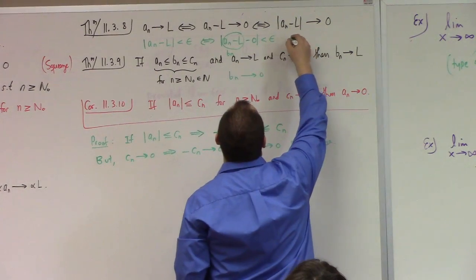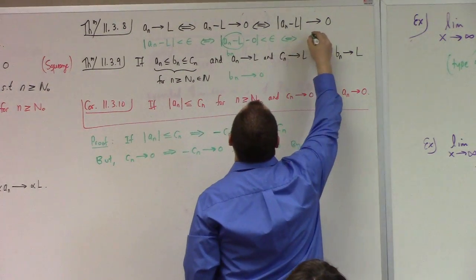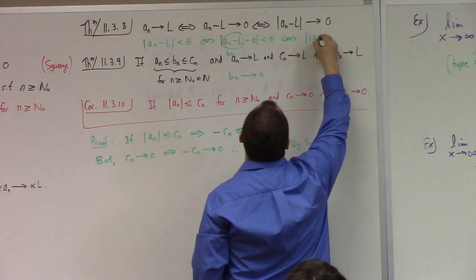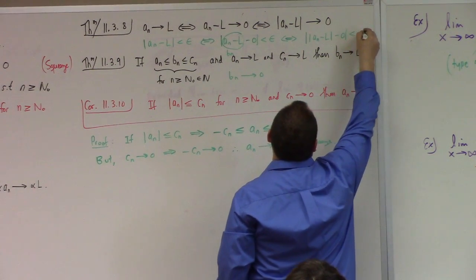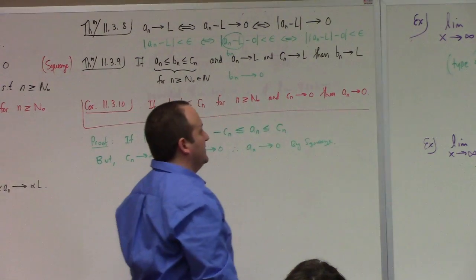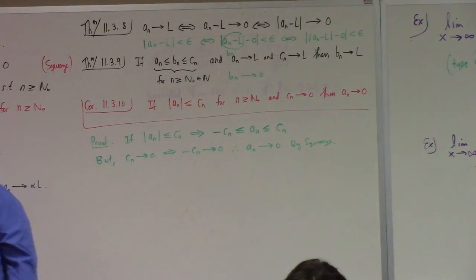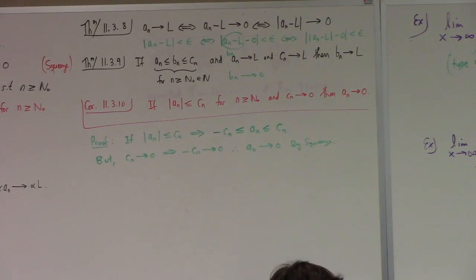And by the way, that's the same as this. So the equivalence of those inequalities gives you the equivalence of these sequential limits. If n makes any one of those less than epsilon, it makes the other two less than epsilon as well. That's the proof which is omitted.